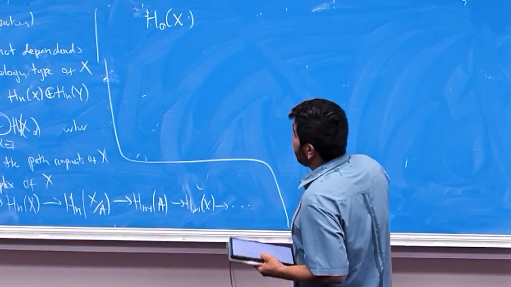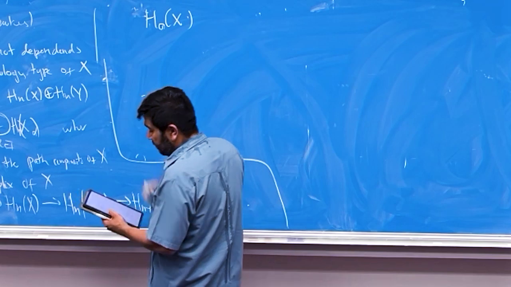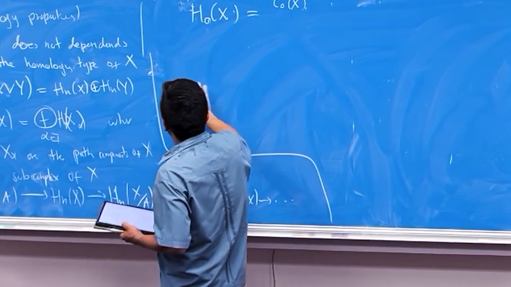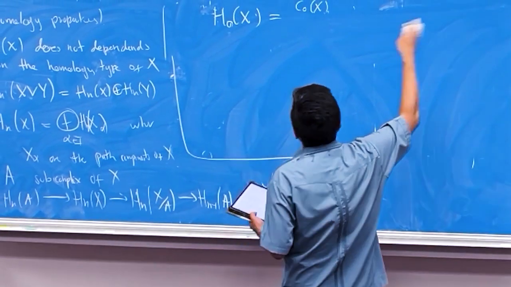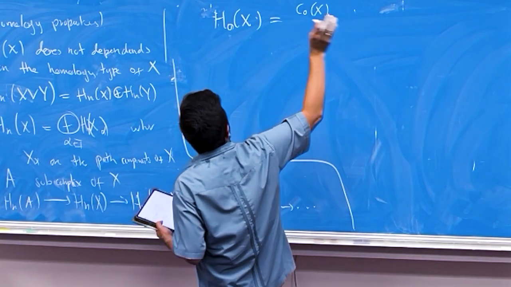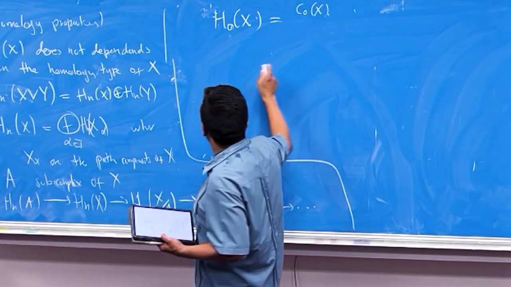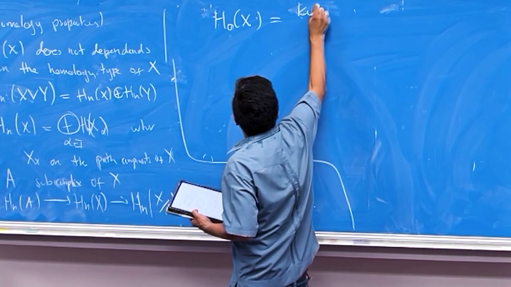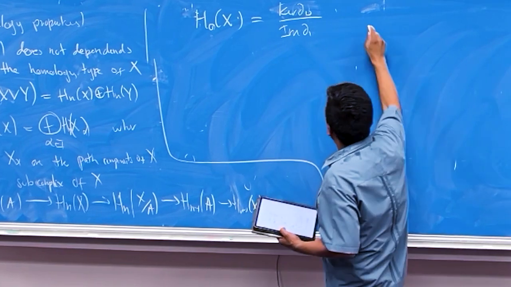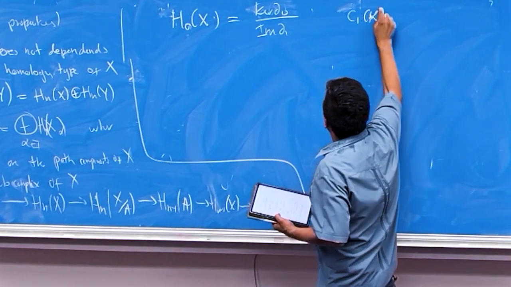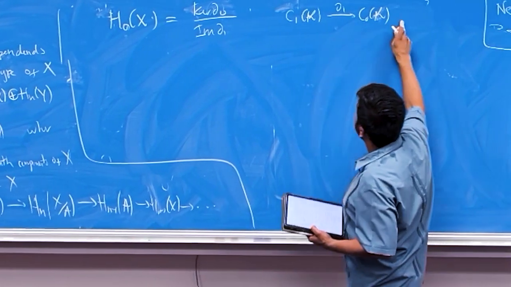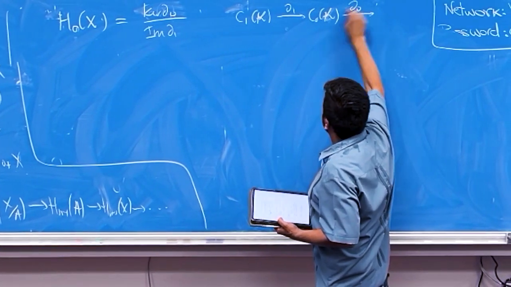The one that is pretty easy to compute is H0. Well, in the definition that I wrote, it is not clear what the exact value of this one is, because I didn't define the boundary operator delta 0. The definition would be the kernel of delta 0 over the image of delta 1. I did define delta 1 to C0, but I didn't define delta 0.